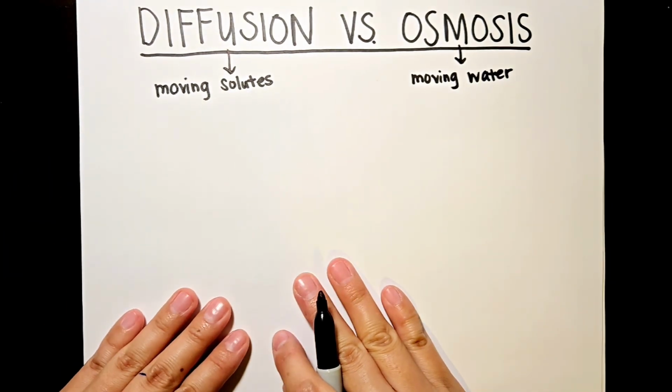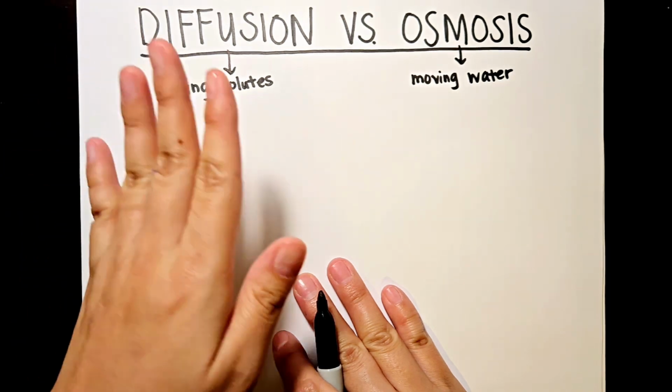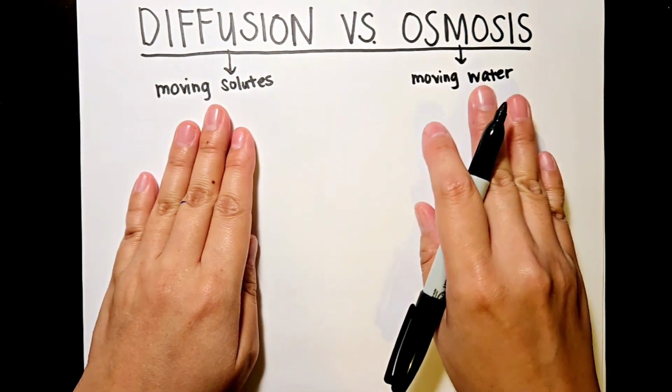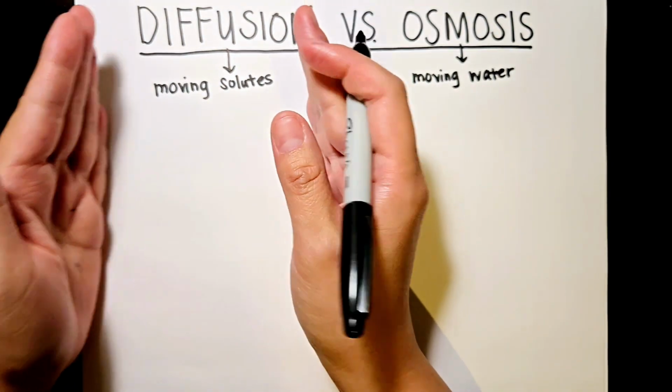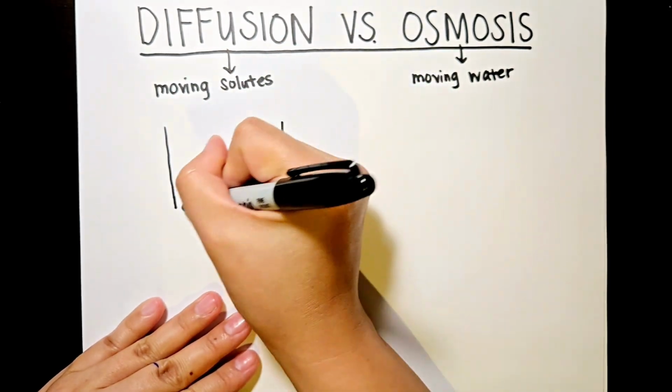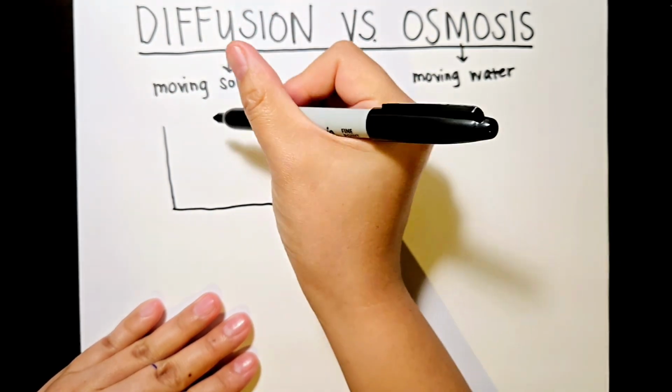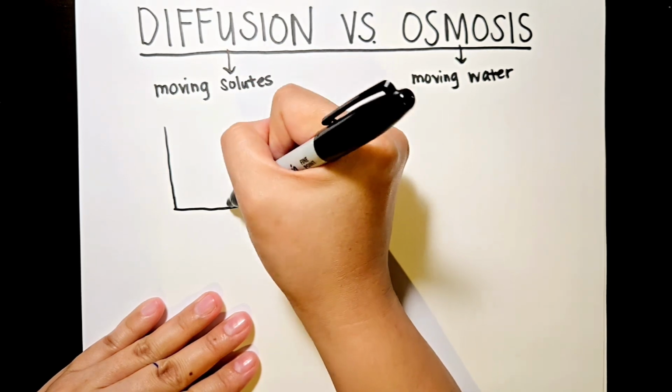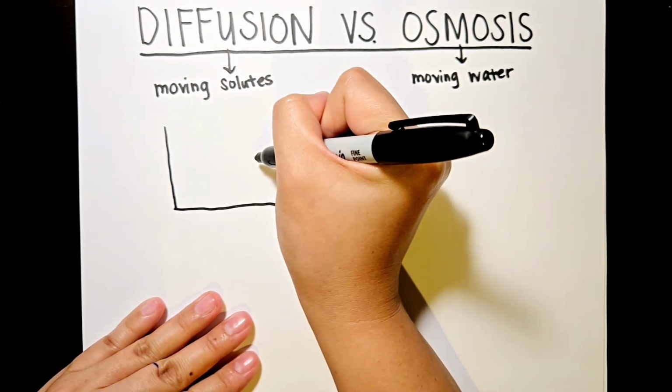Now, why would there be a situation where you are doing diffusion versus osmosis? For diffusion, let's say you have a container, and in the container there is a membrane that separates the two sides.